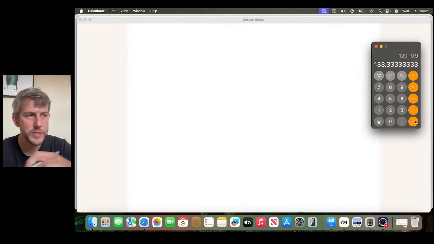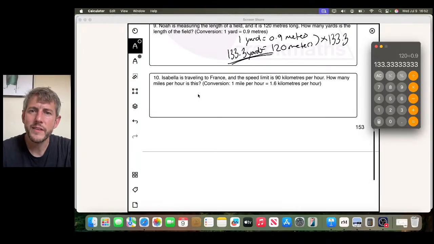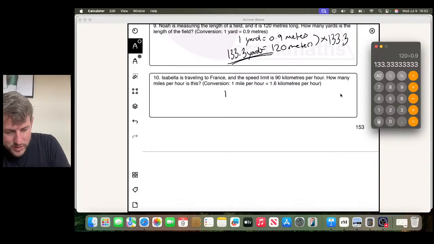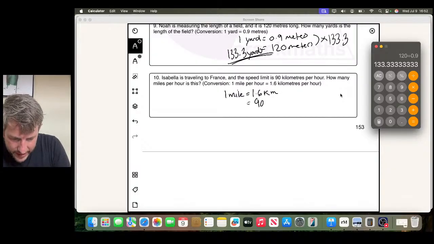Right, question 10. Isabella is travelling to France and the speed limit is 90 kilometers per hour. How many miles per hour is this? Conversion: 1 mile per hour equals 1.6 kilometers per hour. That's the same as 1 mile equals 1.6 km. The speed limit is 90 km, so we need to know how many lots of 1.6 km go into 90.